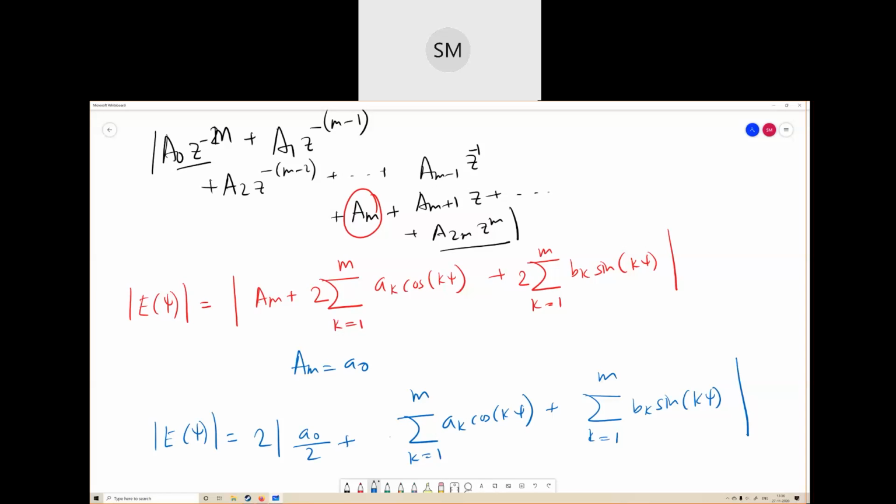Is it okay? This is the Fourier series expansion of any antenna pattern. Is it okay?